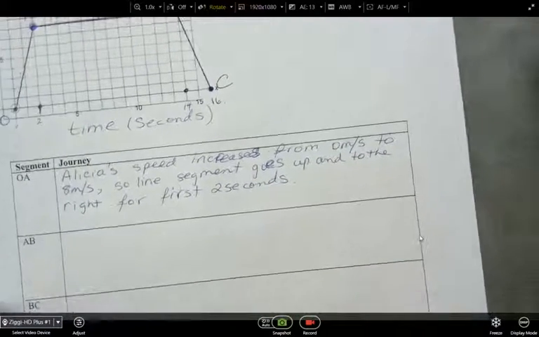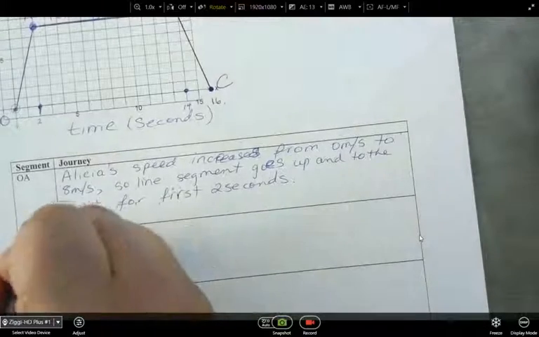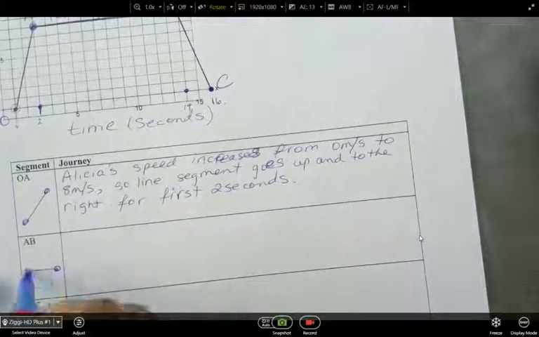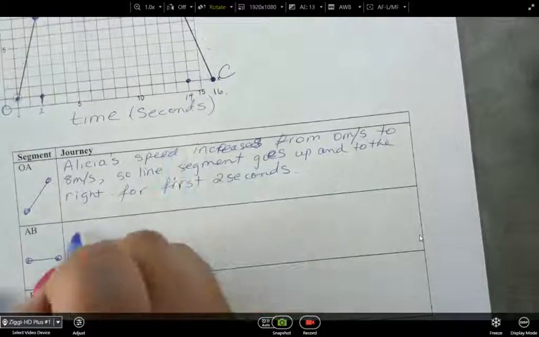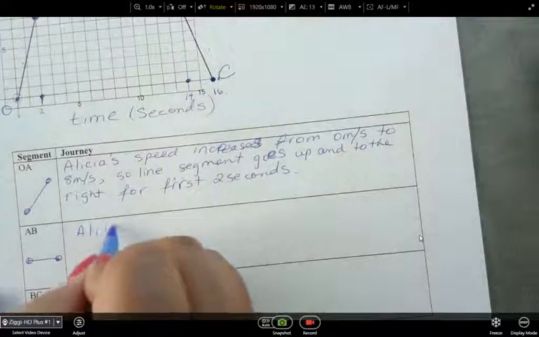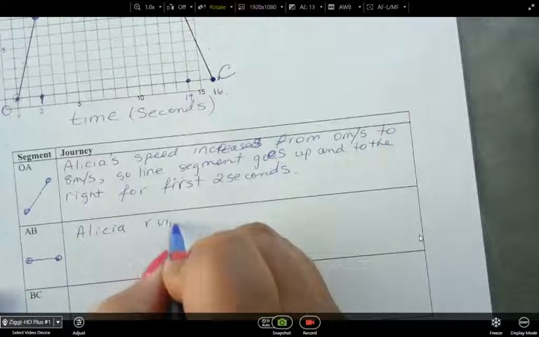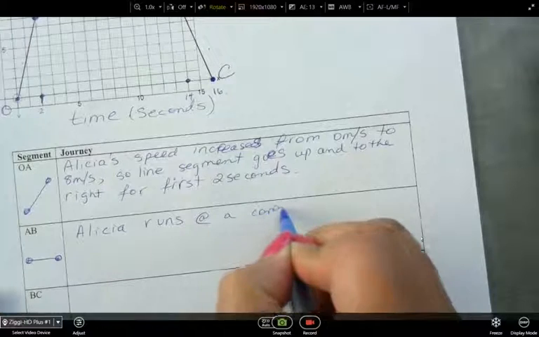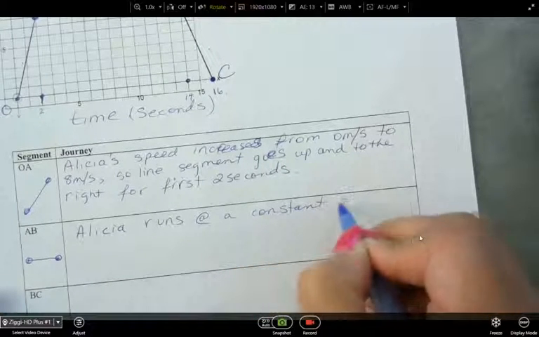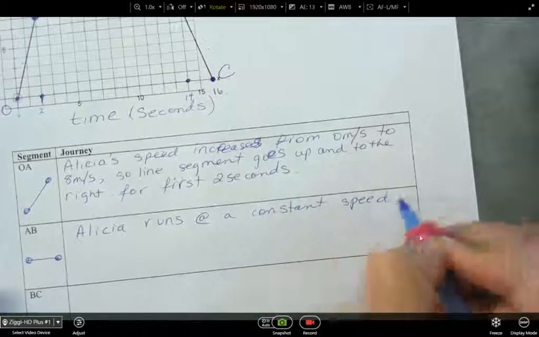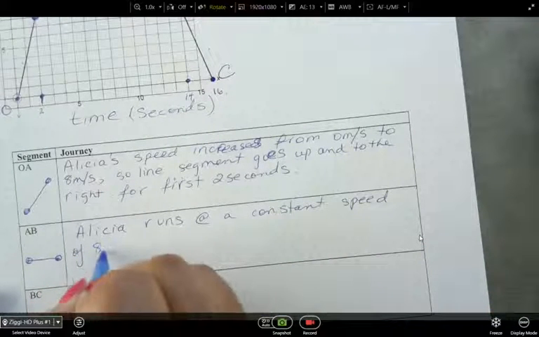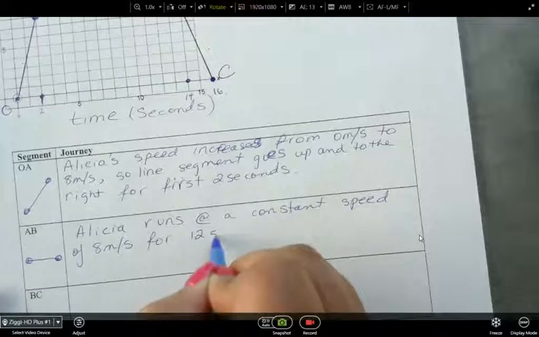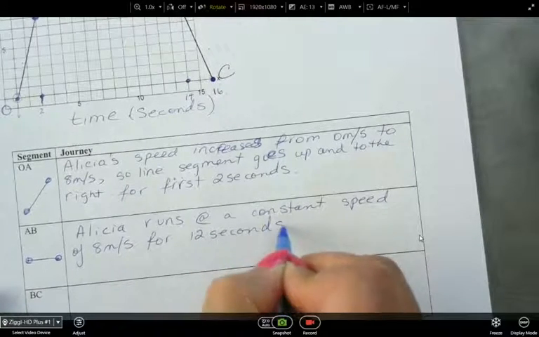And in the second section where it's straight across, so that's this line segment here, where it goes straight across, what's happening? Alicia runs at a constant rate, at a constant speed of 8 meters per second for 12 seconds.